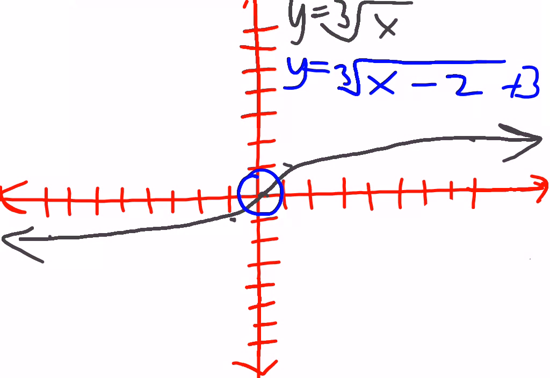So let's go ahead and start. We're going to move our inflection point. If I set x minus 2 equal to 0, I'm going to be moving my inflection point 2 to the right.